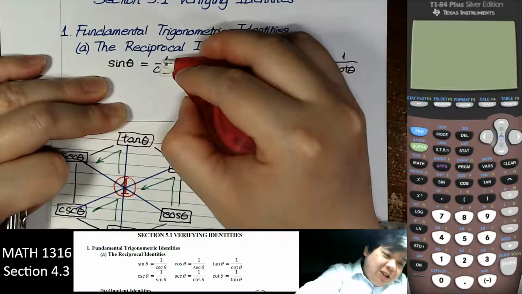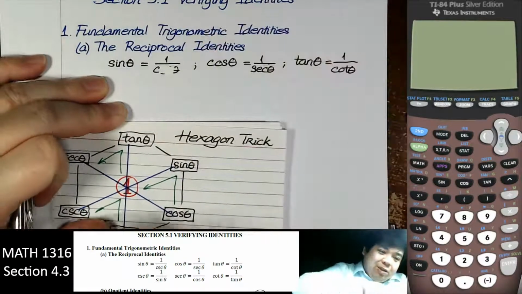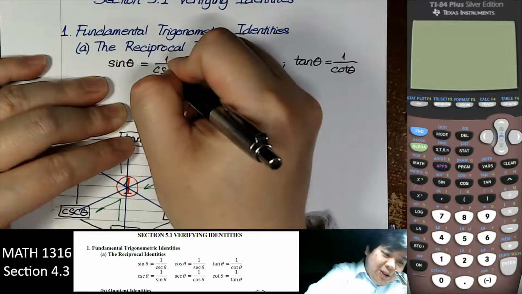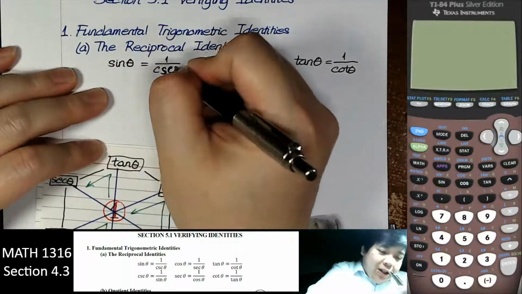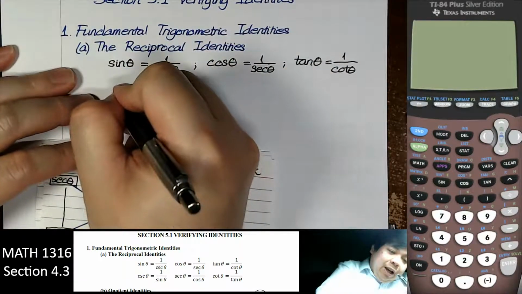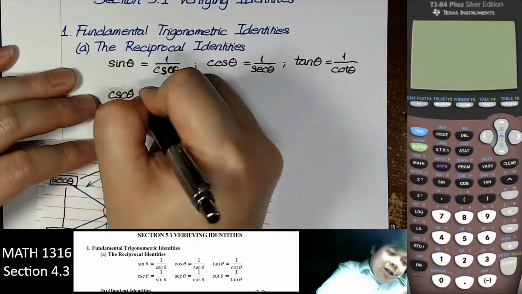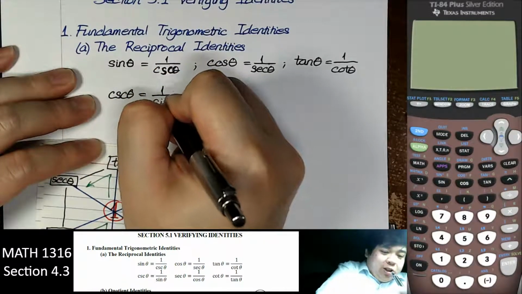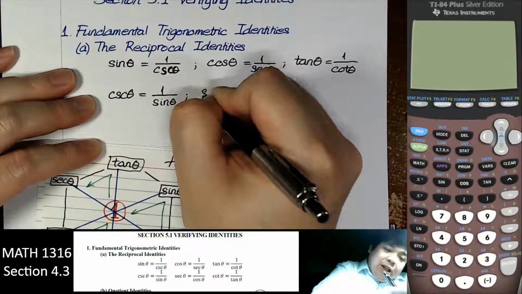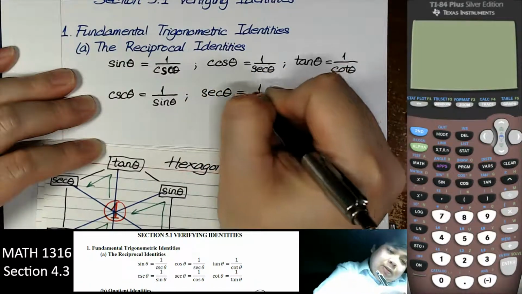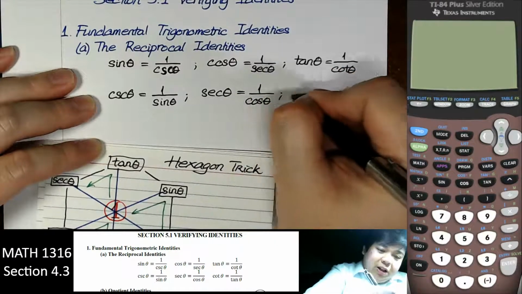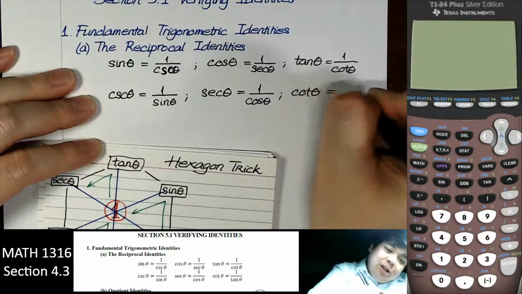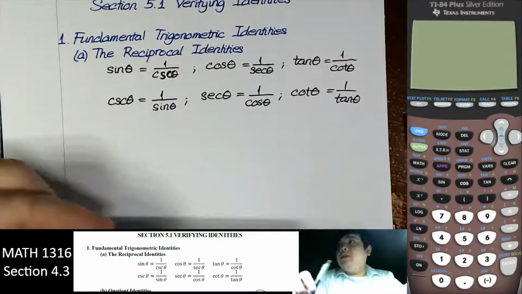What doesn't work? Right, and then cosecant, of course, reciprocal sine, secant, reciprocal cosine, and cotangent, reciprocal tangent. Right.